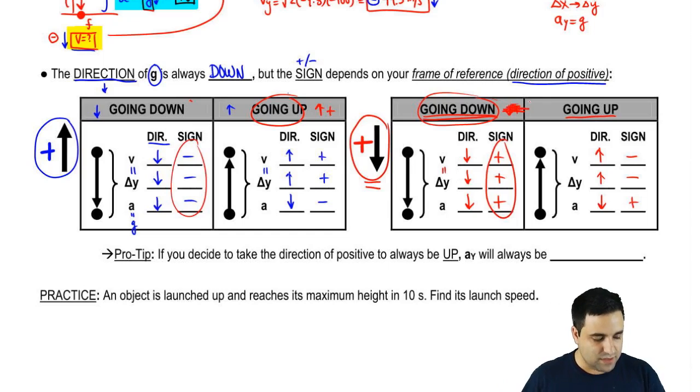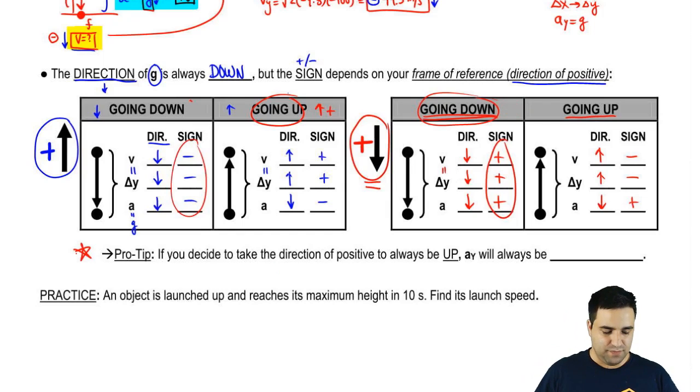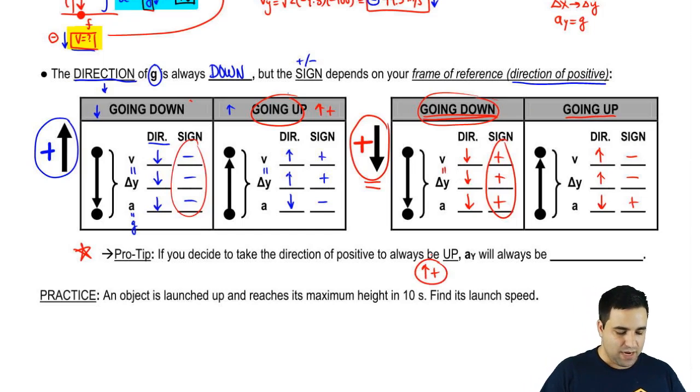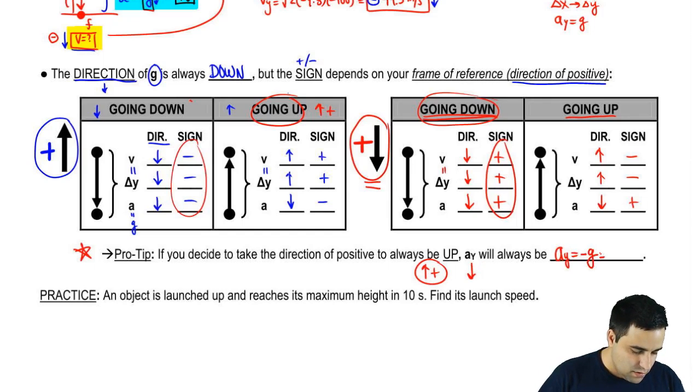But I think that the way that generates the least confusion is if we decide right here to take the direction of positive to always be up. If you do the same thing over and over, it's a little bit easier. Then your AY is always going to be down, and if going up is positive, then your AY will always be negative. So AY will always be negative G, in other words, negative 9.8.